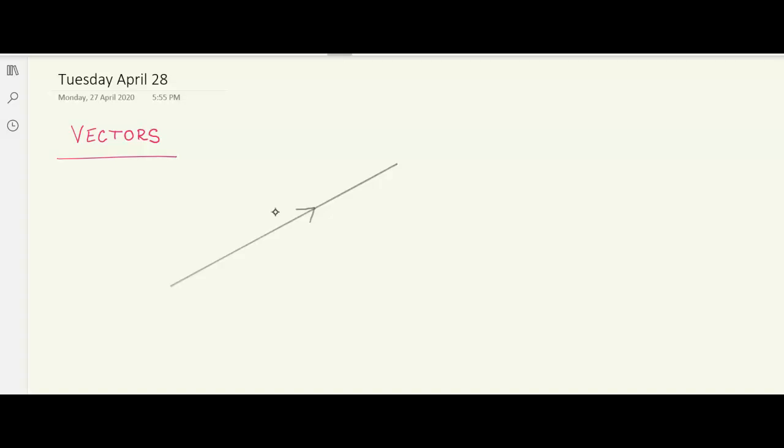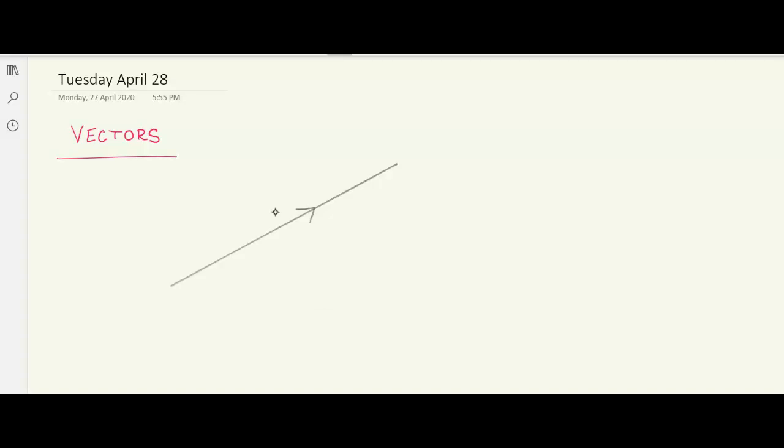Velocity is a vector, given that velocity has magnitude, as in the faster you're going, the bigger it is, but it also has direction in that it can be negative, whereas speed is not considered a vector.